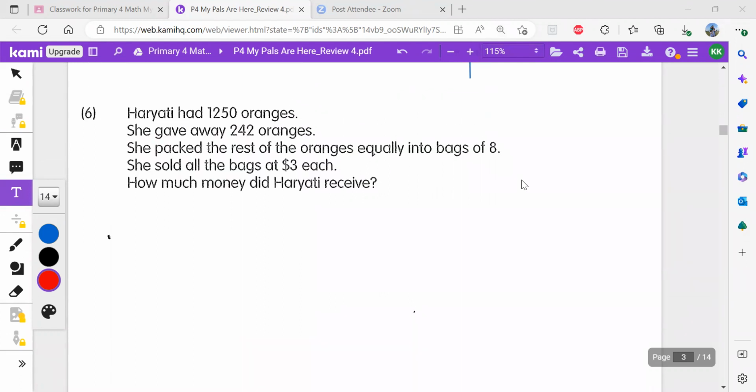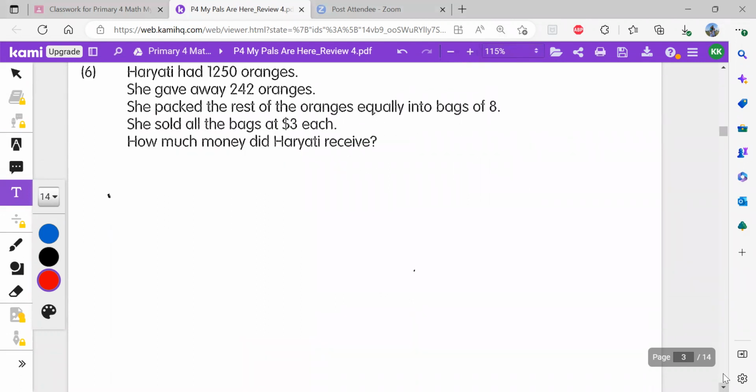Hayati had 1,250 oranges. She gave away 242 and packed the rest equally into bags of 8. And she sold all the bags at $3 each. How much money did Hayati receive? Once again, you should try it on your own first. If you have tried it, let's take a look.